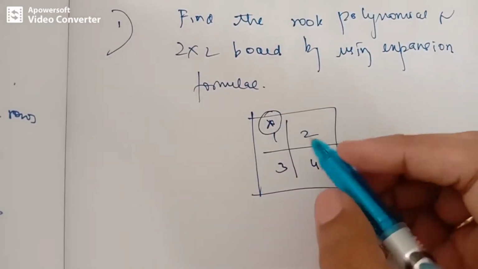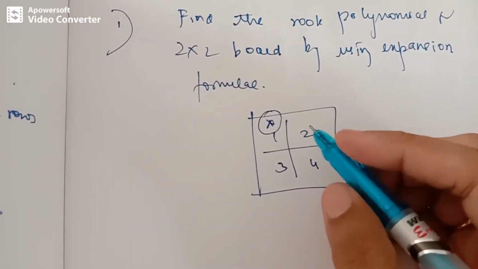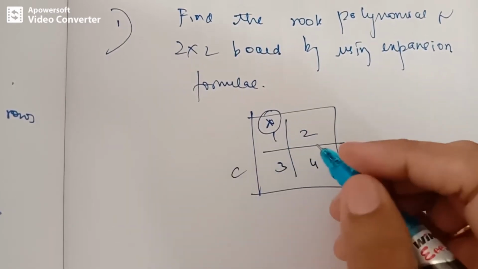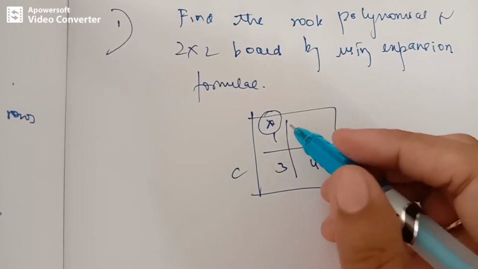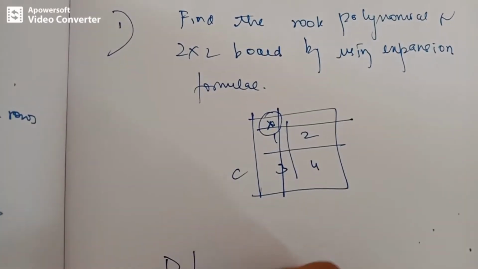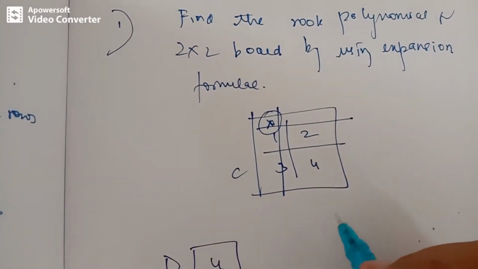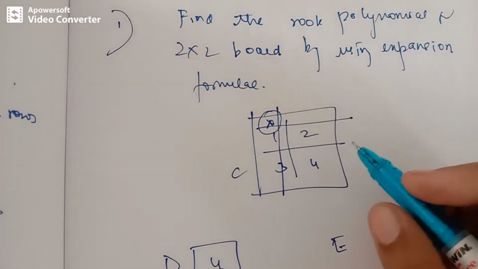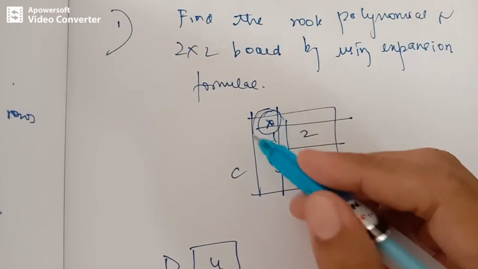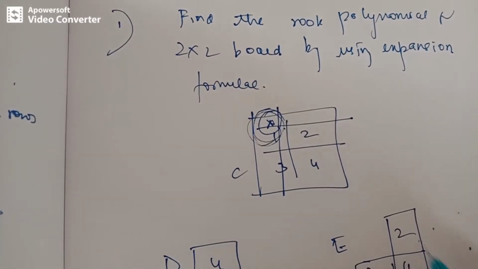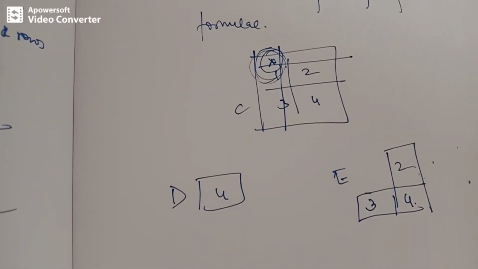I'll be marking a particular square, 1, with the asterisk symbol. I need to extract the boards D and E. D is the board obtained by deleting the row and column containing the asterisk. So the D board will have just one square, which is marked 4. And the E board is the board obtained by deleting only the square containing the asterisk. So E will be 2, 3 and 4. This is how boards D and E look.